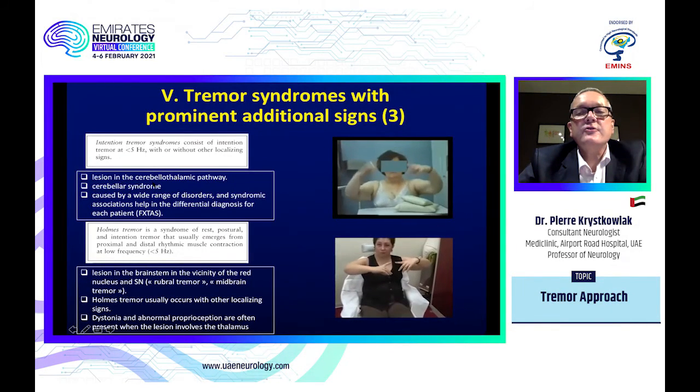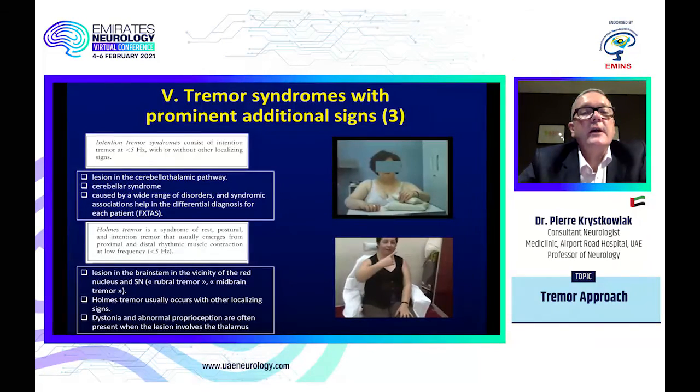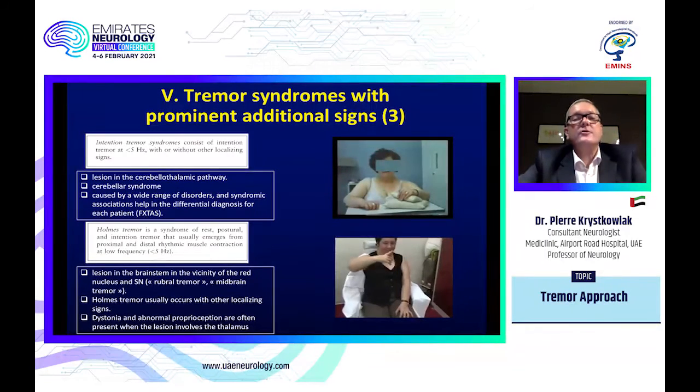Usually this intention tremor is consecutive to a lesion in the cerebellothalamic pathway. Of course, you can find some cerebellar syndrome associated, and it's caused by a very wide range of disorders, and syndromic association helps in the differential diagnosis for this kind of patient.